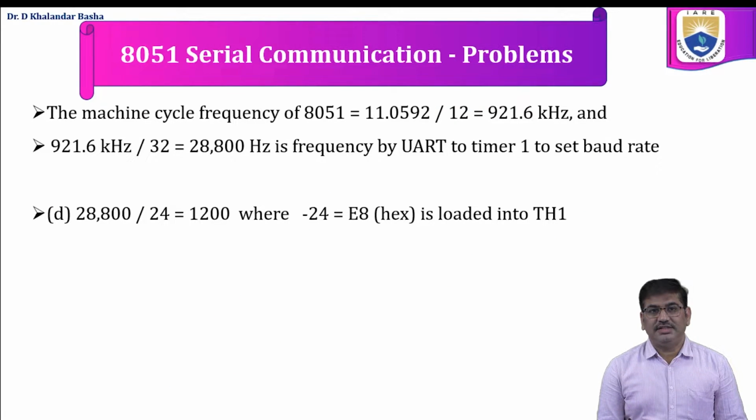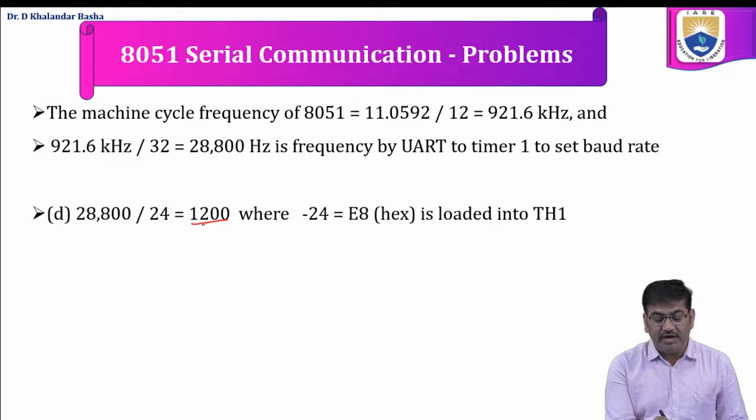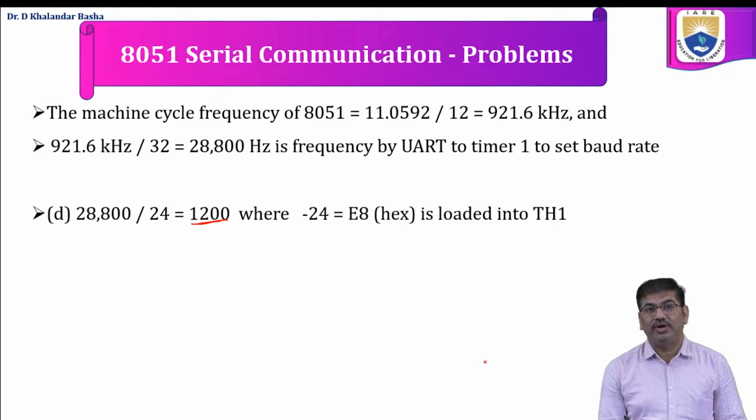The next case is to find the count to be loaded into the TH1 register for a baud rate of 1200. We know the oscillator frequency is 11.0592 MHz. From that, we find the machine cycle frequency of the 8051 microcontroller, which is 11.0592 MHz divided by 12, giving us 921.6 kHz.